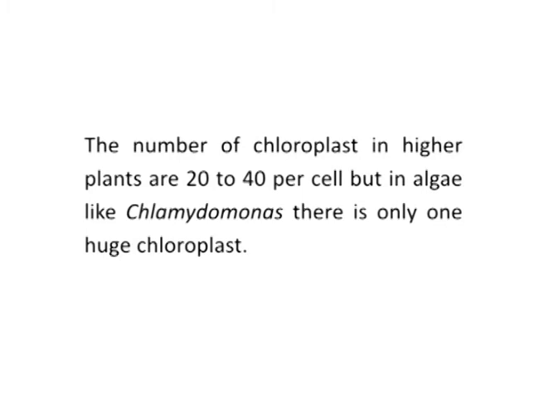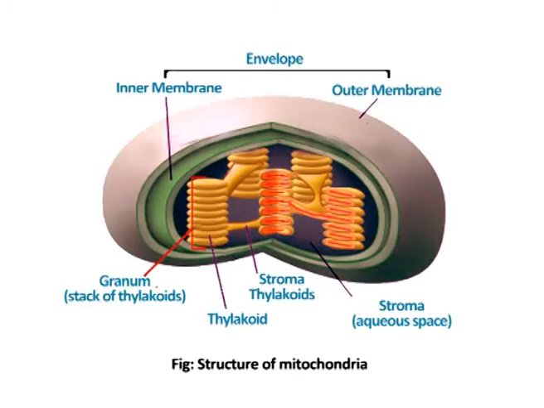The number of chloroplasts in higher plants is 20 to 40 per cell, but in algae like Chlamydomonas, there is only one huge chloroplast. The chloroplast has three main components: the envelope, the stroma, and the thylakoids.